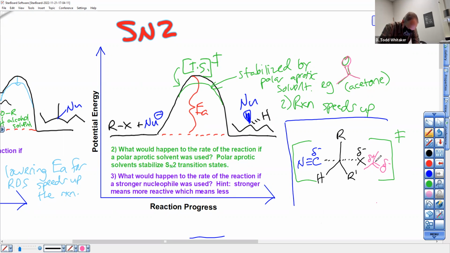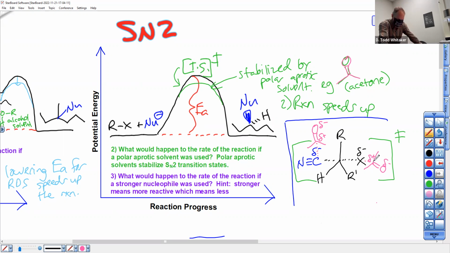Similarly, on the other side, the acetone is down here, helping out, same story, delta plus is near delta minus. That's an attraction. That's an attraction, okay?